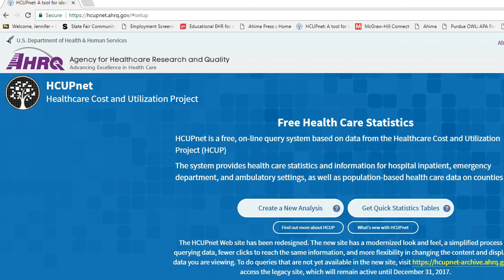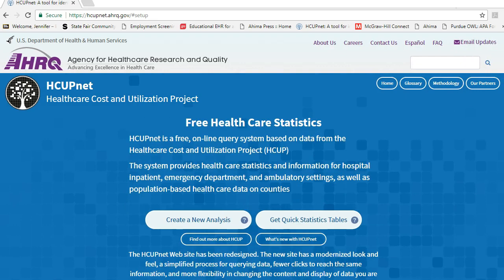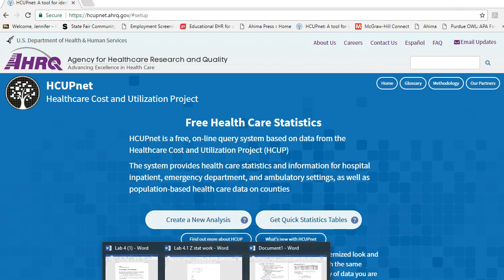Okay, we're going to see if we can walk through getting this information. We are going to be using this website weekly. So get really familiar with going in and looking up information.